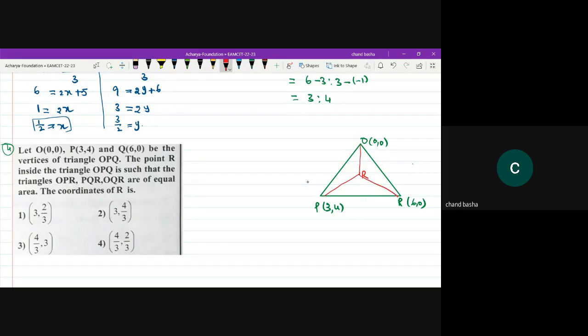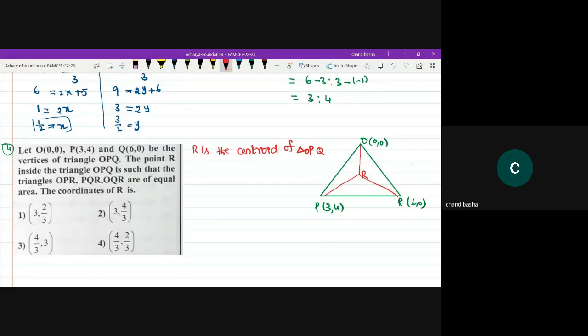These areas are equal only for the centroid concept, right? So indirectly, what is it asking? R is the centroid, because the areas of the triangles are equal.